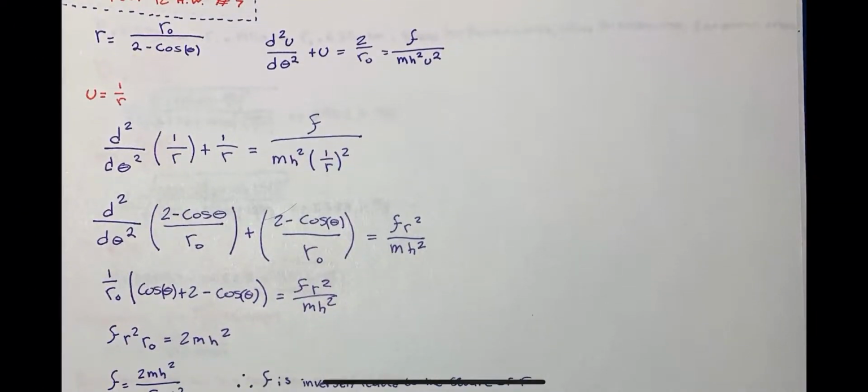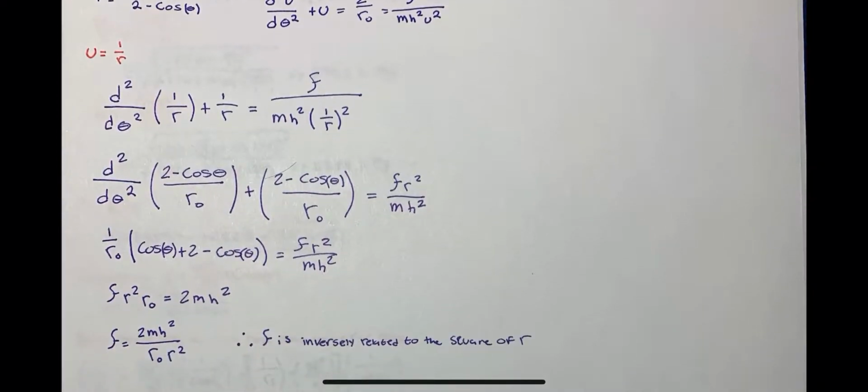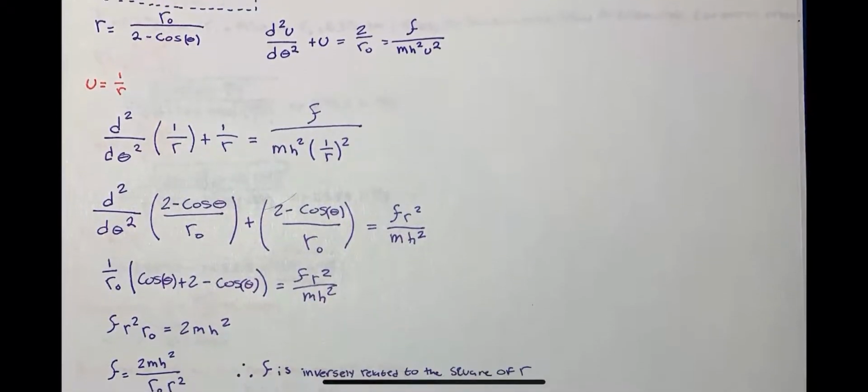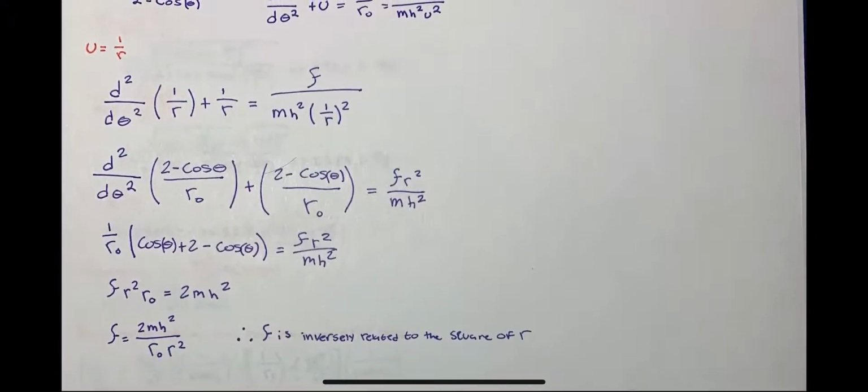So if we plug in u is equal to 1 over r, we'll get this first equation. And if we simplify that down and we plug in for r, we will get this second equation. We take the second derivatives and we'll get this third equation.